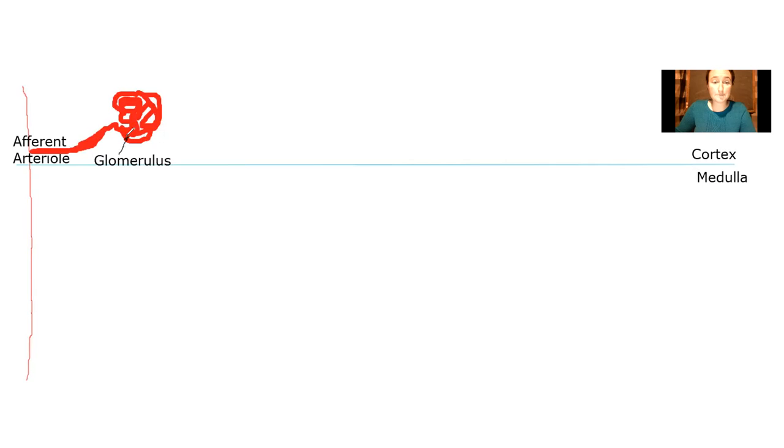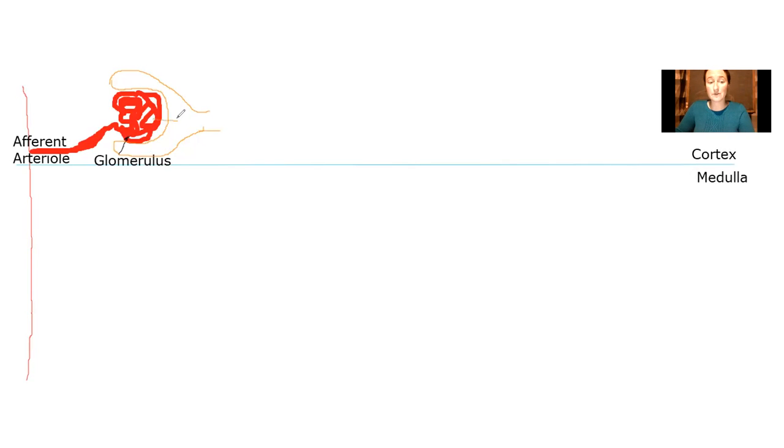Okay, so blood is coming in. There is the Bowman's capsule surrounding this, and it kind of acts like a little catcher's mitt. Okay, and filtration is going to be facilitated, encouraged, promoted by the blood pressure of the blood entering the glomerulus via the afferent arteriole.